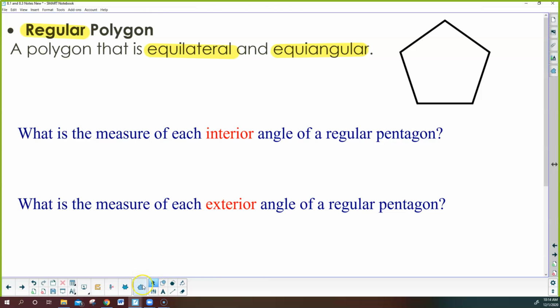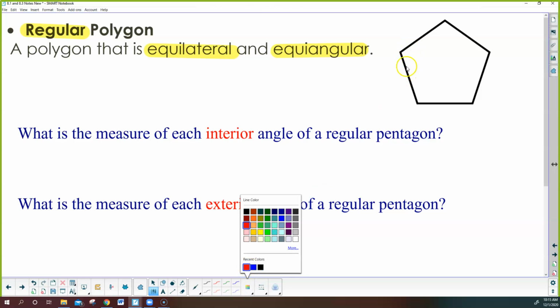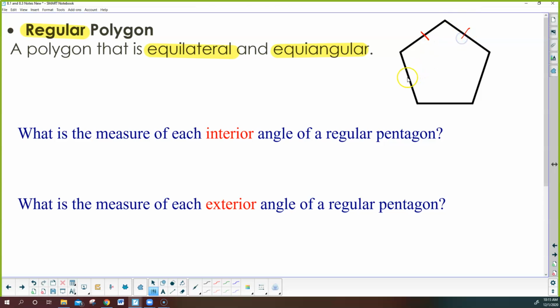So we can add markings to this, and we can actually take the two theorems that we just learned and find the measure of each interior and exterior angle just from the word regular and the number of sides.